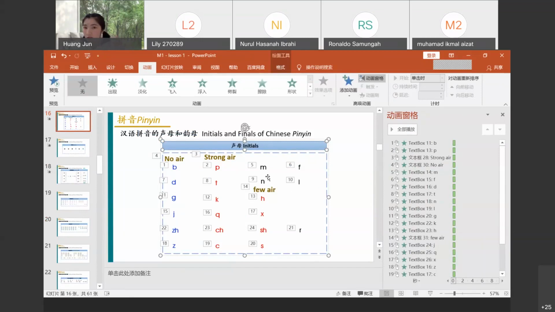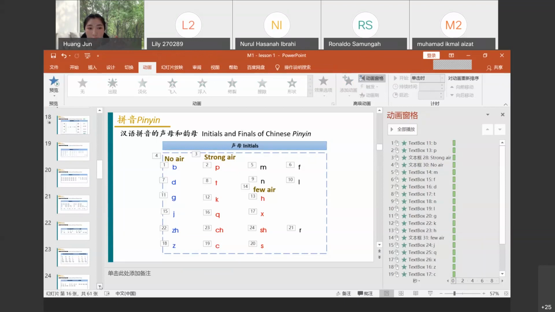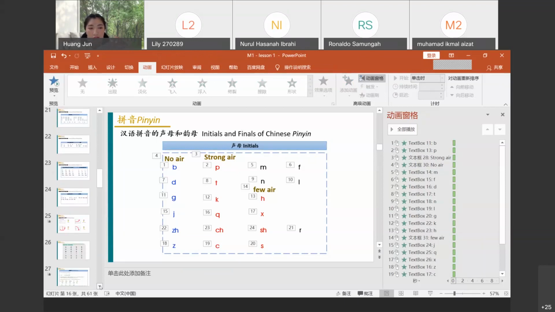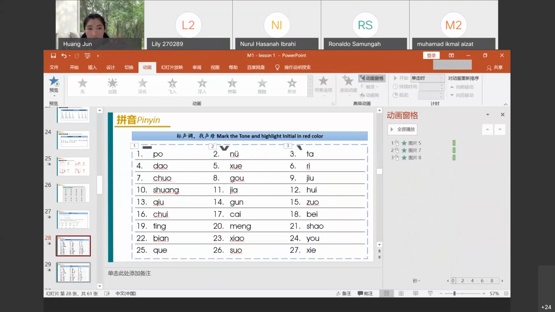If they are put at the end, they will not be initial. Initial is the beginning, the start. So it seems like we are asking which letter they are starting with. For number 14, they are starting with the letter G.